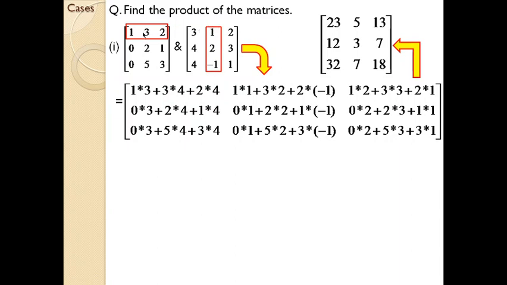So when you multiply this first row with the second column, you will get this part. See, 1 into 1, plus 3 into 2, plus, after multiplication you need to put plus sign, 2 into minus 1. If you solve these numbers within this rectangle, you will get this one.